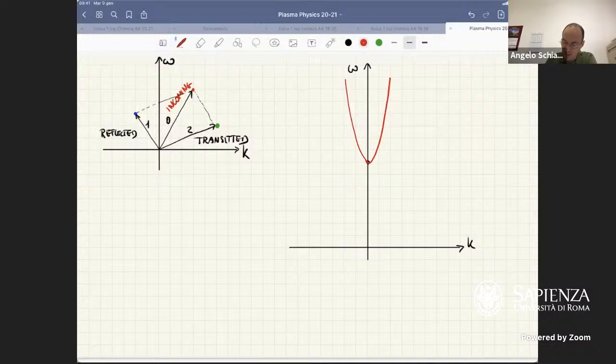Then we have the electronic waves, which go this way. And the final one is going to be blue, the ion waves.